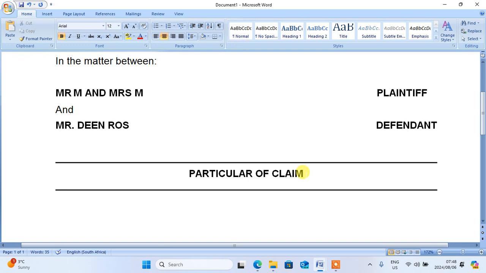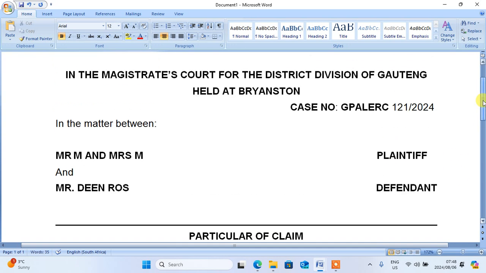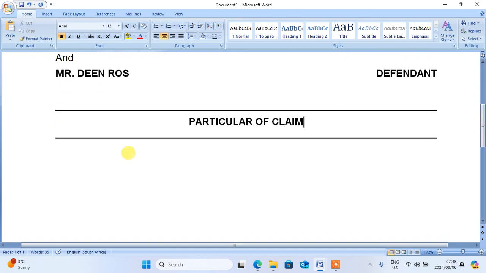It's up to you. Some can put a combined summons. However, I will encourage you just to write particulars of claim. Put it the way I put it. You can see how I am writing it. You put it because it should be in order.